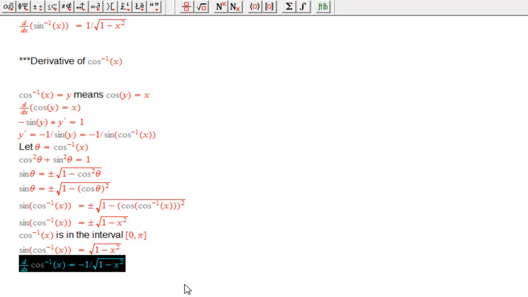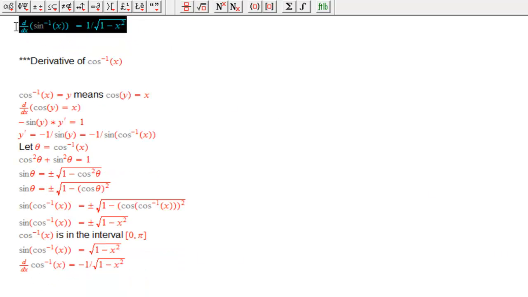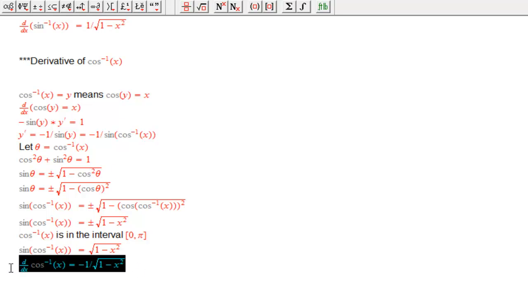Now it turns out this one doesn't get used very often because, let's look at the one we just calculated up here. The derivative of inverse sine is 1 over the square root of 1 minus x squared. The derivative of inverse cosine is negative 1 over the square root of 1 minus x squared. So in terms of integrals, you can use either of these.